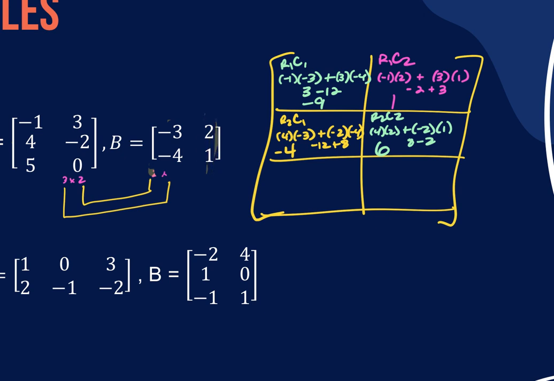Now I move into row 3, column 1. So row 3, column 1: 5 times negative 3 plus 0 times negative 4, negative 15 plus 0, which is negative 15. And then row 3, column 2 is 5 times 2 plus 0 times 1.